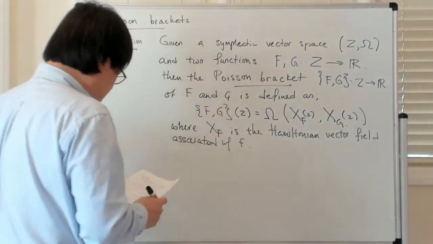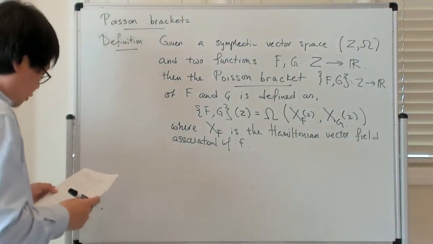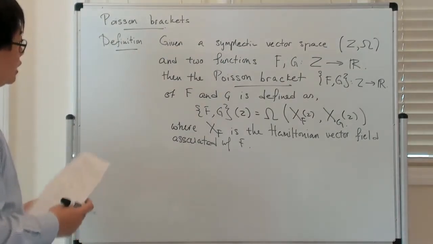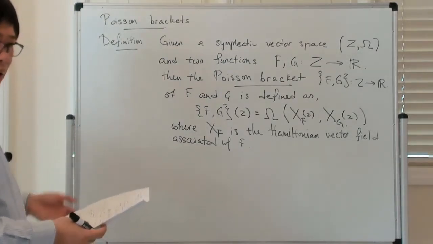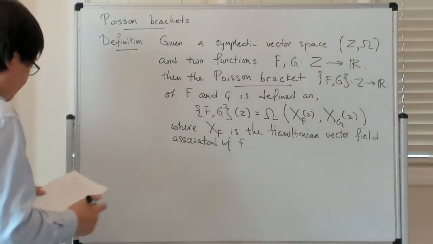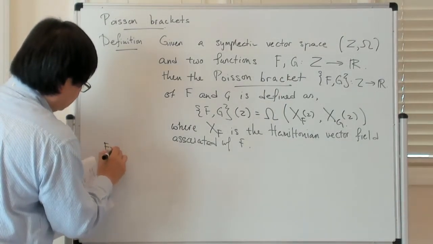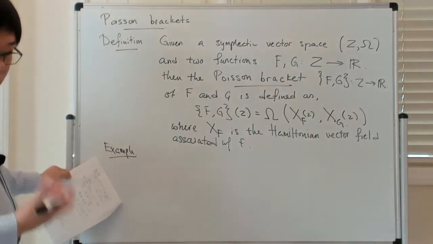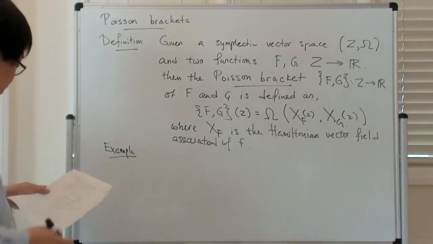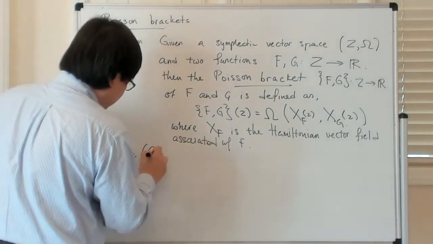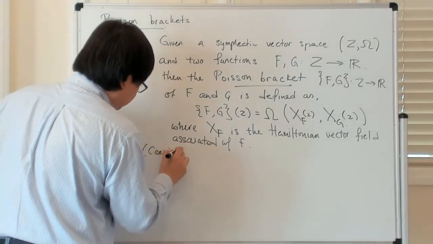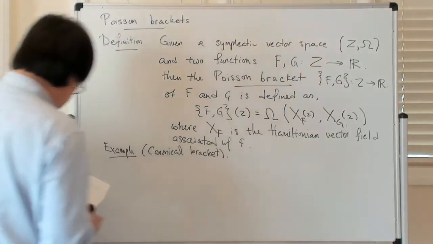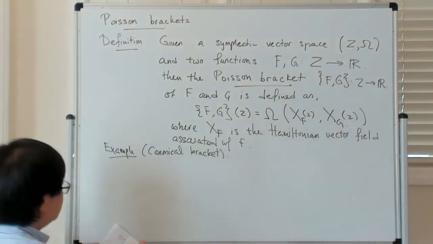Okay, so let's look at an example of such a Poisson bracket. In particular, it's natural to look at the Poisson bracket which is generated by the canonical symplectic 2 form. And the Poisson bracket generated by the canonical symplectic 2 form is, of course, what is called the canonical bracket. So let's see what happens.